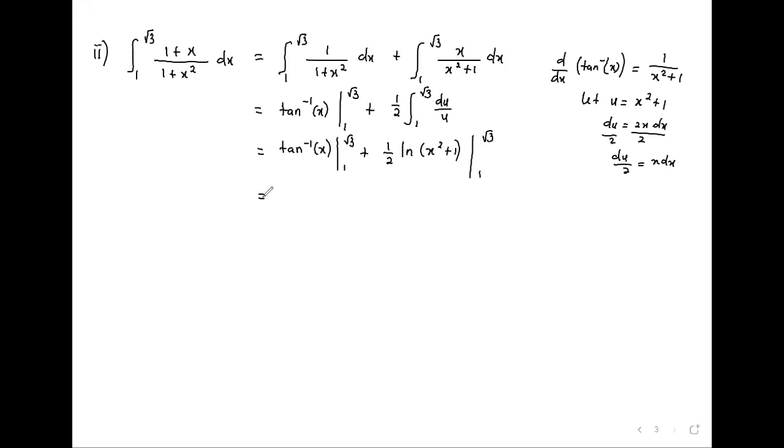We can now substitute. So we have tan inverse of root 3 minus tan inverse of 1 plus 1 over 2 ln of root 3 squared is 3, then you add the 1, you get 4, minus half ln of 1 squared is 1 plus 1, you get 2.